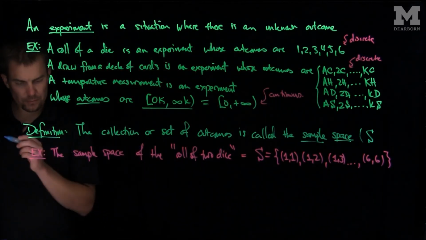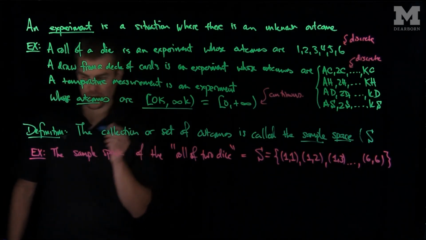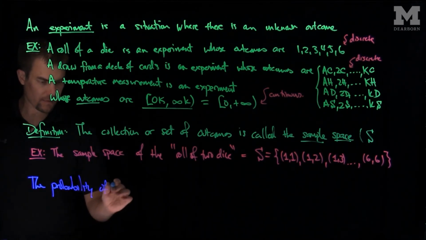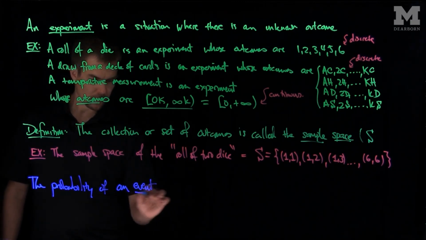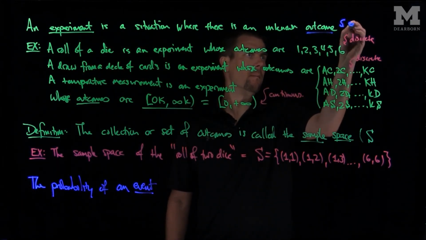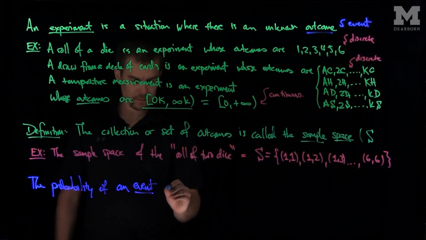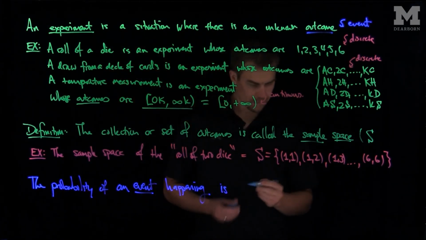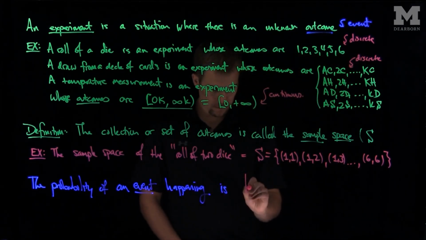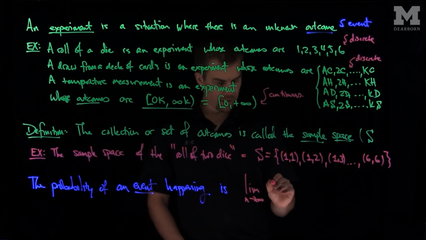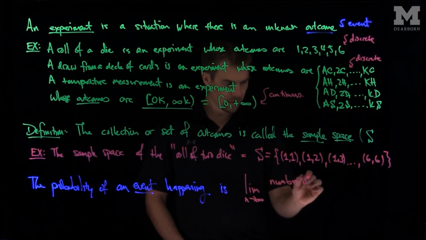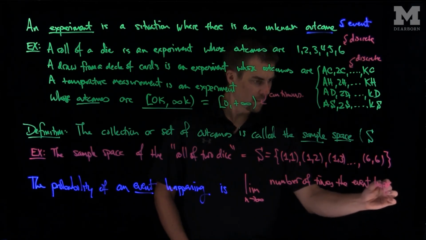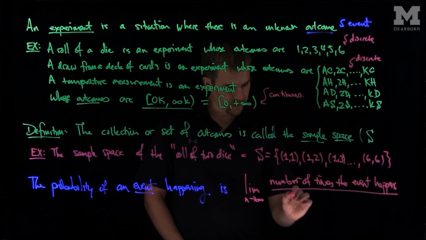So if we wish to define the probability of an event or an outcome happening, mathematically, it's going to be the limit as n approaches infinity of the number of times the event happens over the number of trials.